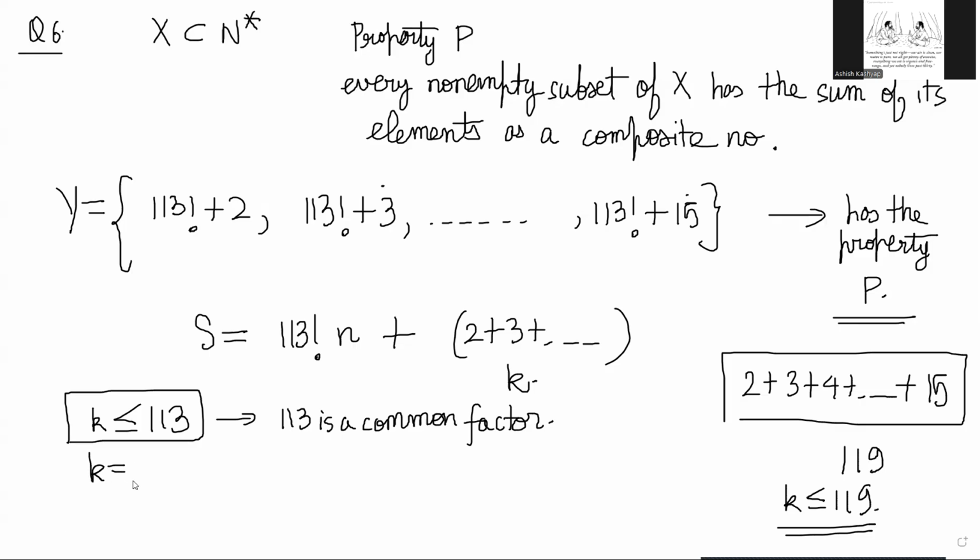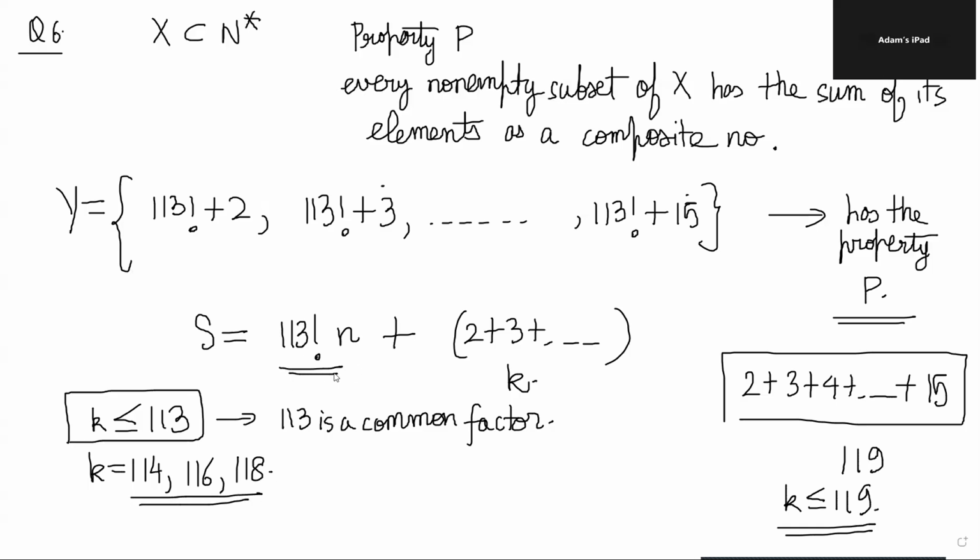If k is 114, 116, 118, then these are even and this is also even, all of those numbers are composite. Check them all. But checking them all, you have to tell, no? Well, for example, what I am saying is for 114, 116, 118, both are even.